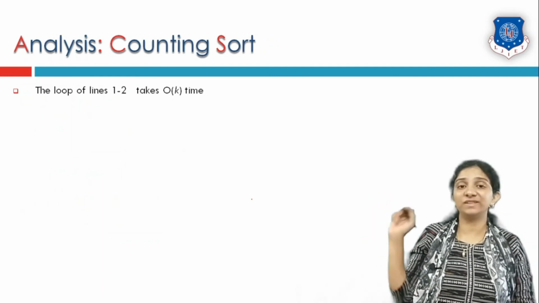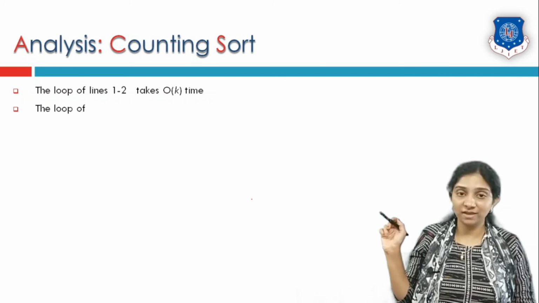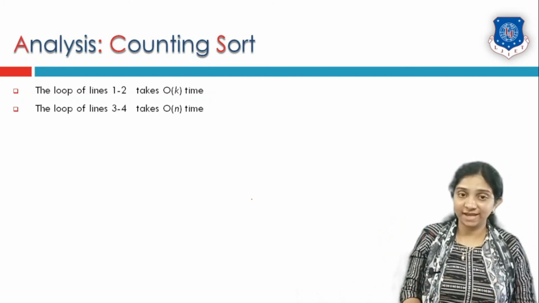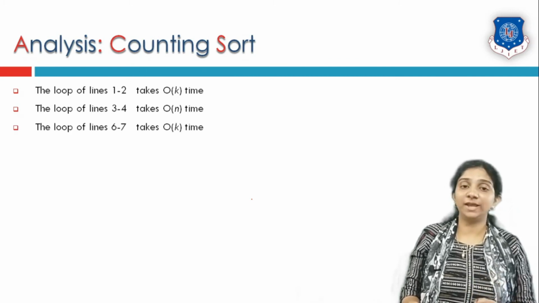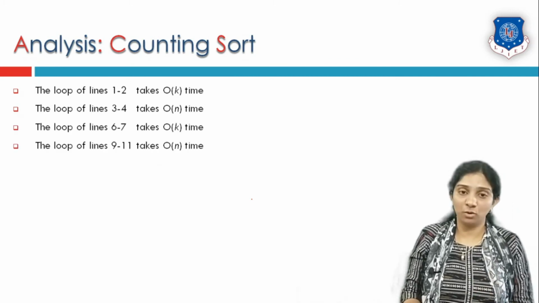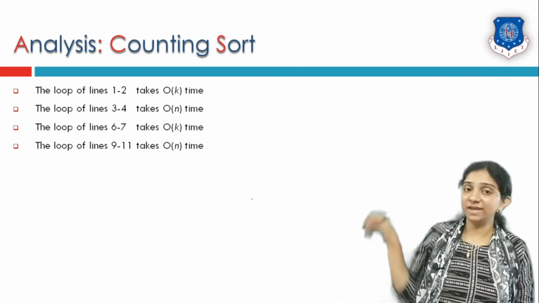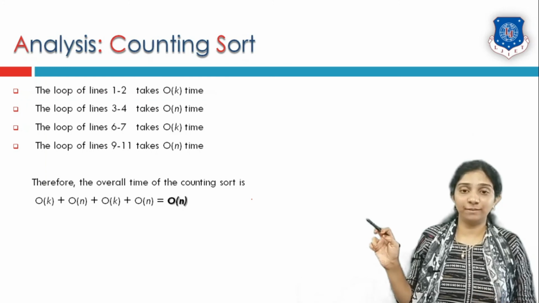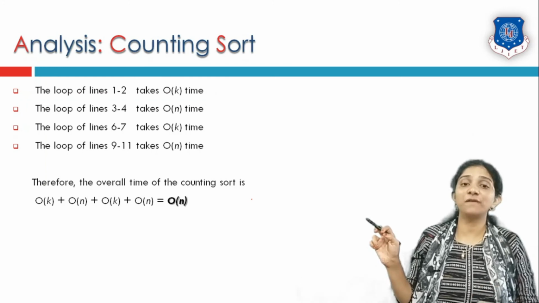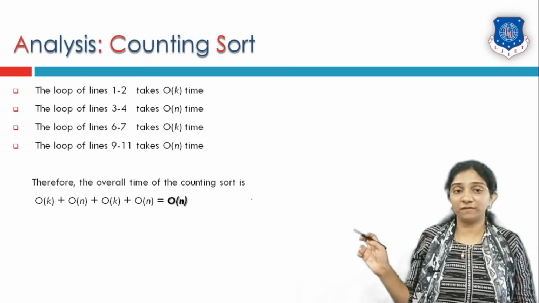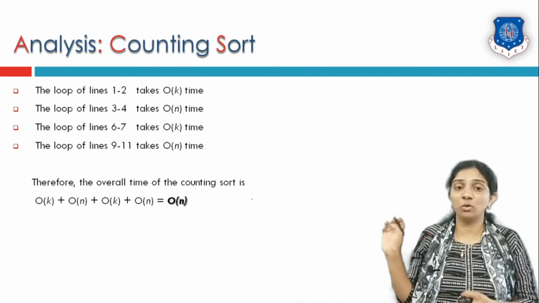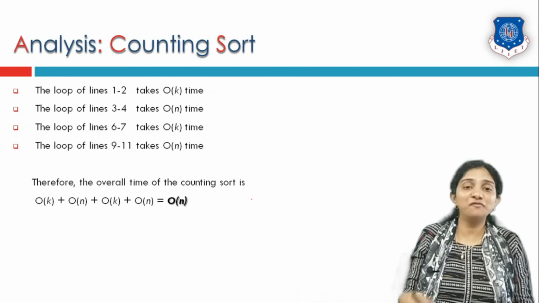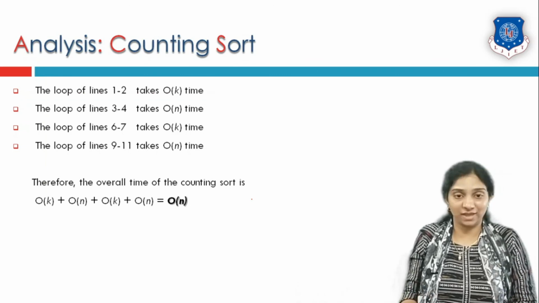So the first loop takes time big O of k. The second loop, which is serial to that, will take big O of n time. Similarly, the third loop will take big O of k and the fourth loop will take big O of n time. If they are serial, we have to add them up. So the overall complexity of counting sort is big O of k plus big O of n plus big O of k plus big O of n, which is equal to the maximum of big O of n or big O of k.